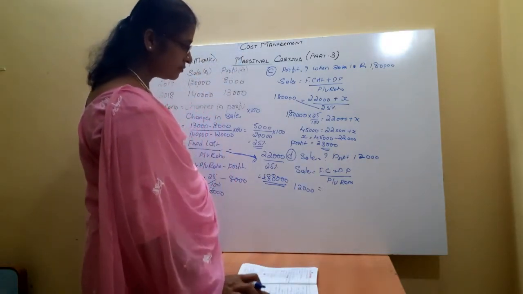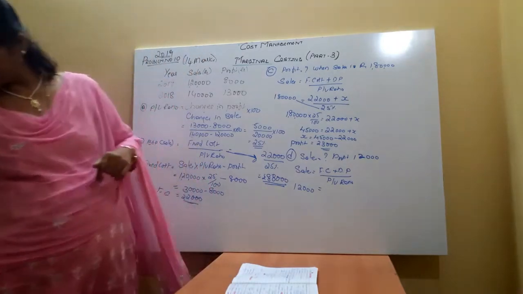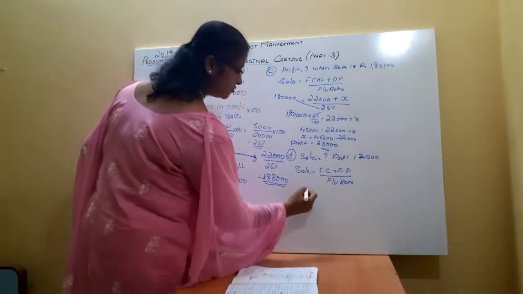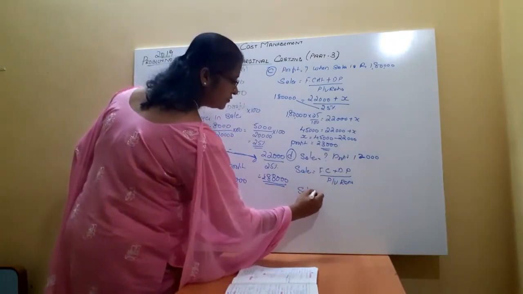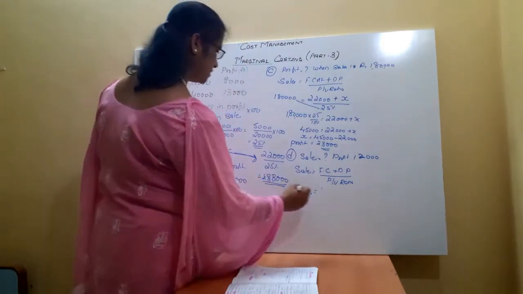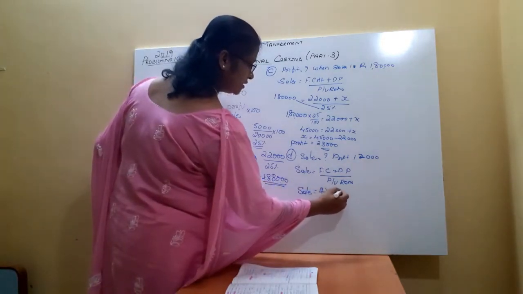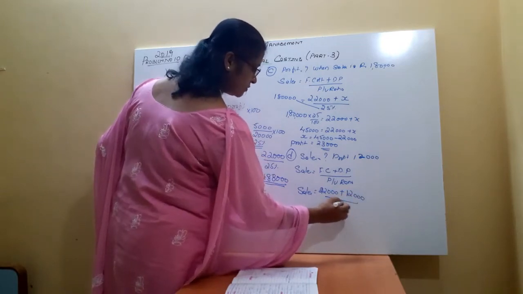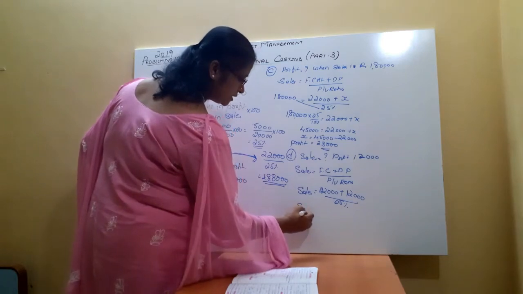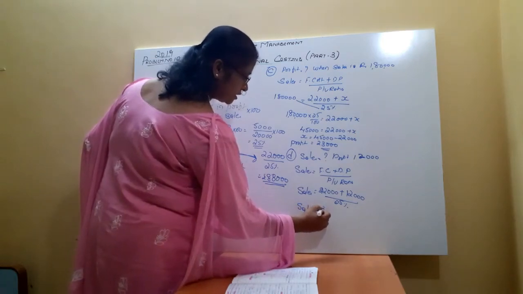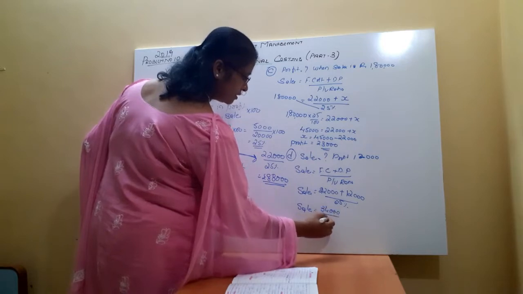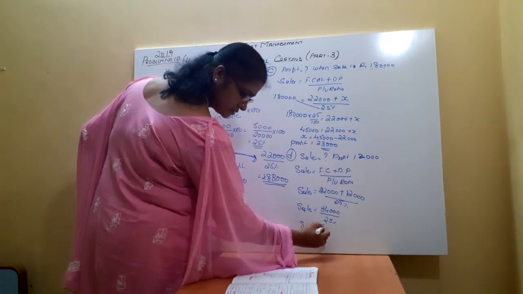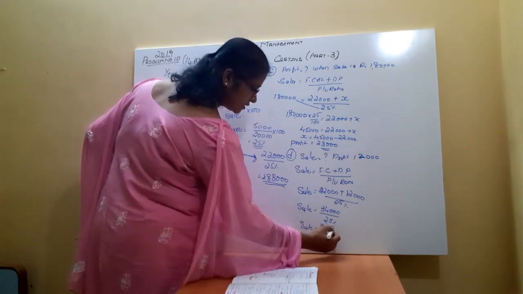Fixed cost, we calculated it as 22,000. Desired profit they have given you in the question as 12,000. The PV ratio is 25%. So here sales is equal to 34,000 divided by 25%. So sales is rupees 1,36,000.